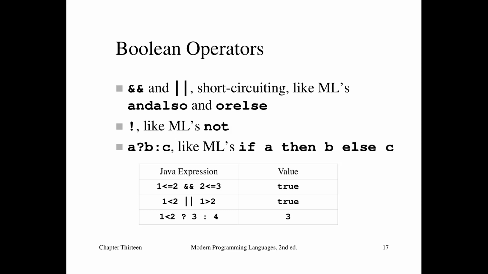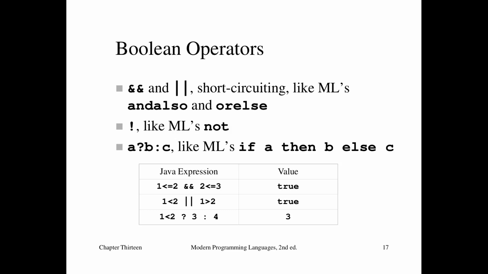And then finally, we have the ternary operator, which is sometimes called the Elvis operator. You have three operands, so we have A question mark B colon C. A is a Boolean evaluation.